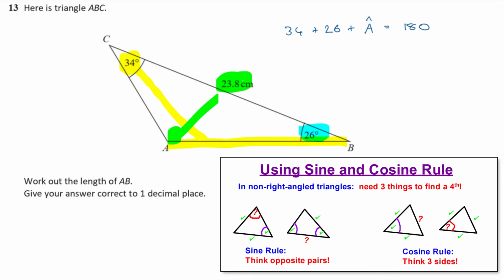So 34 and 26 together make 60. So 60 plus A is 180, which makes angle A equal to 120. So I do actually have two pairs. I've got the green pair, and I've got the yellow pair. I've got the angle of the yellow pair, and I want the yellow side. So yes, I think I can use the sine rule here.